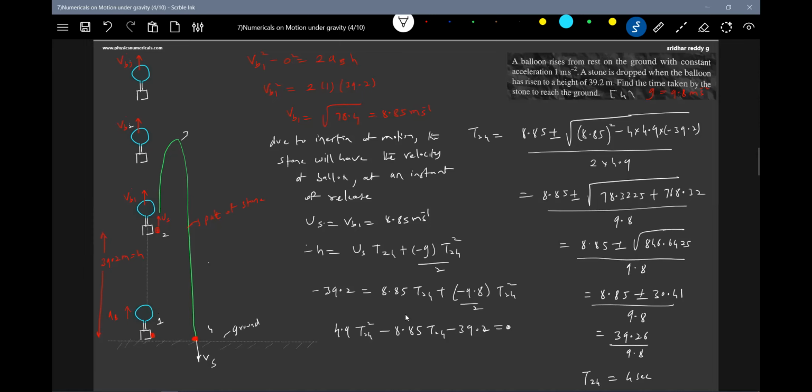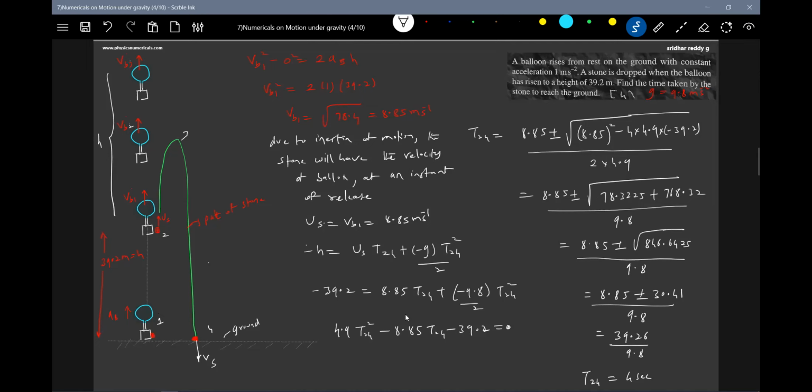Time taken to move from 2 to 4. At what height will the balloon be? Can we calculate all these things? For that, we know VB1. Further, we have to calculate this particular height ascended.